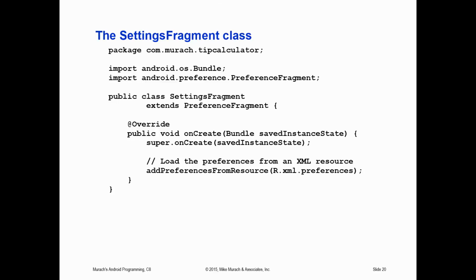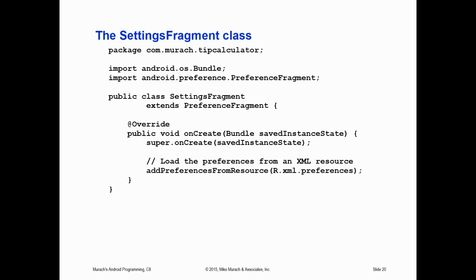But in a nutshell, a fragment is a class you can use to define part of a user interface. Fragments were introduced in Android 3.0, which was API 11, to provide more flexible user interfaces, especially to take advantage of the big difference in screen real estate, for example, between a tablet and a phone.